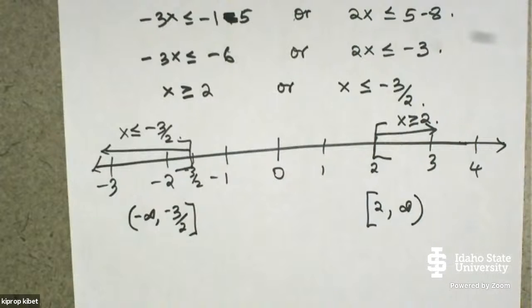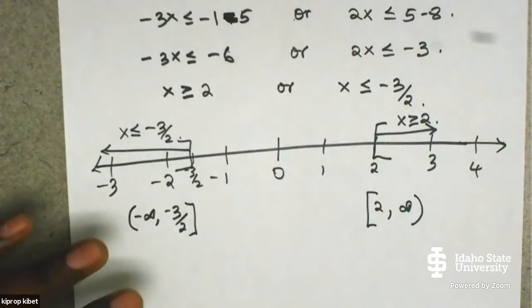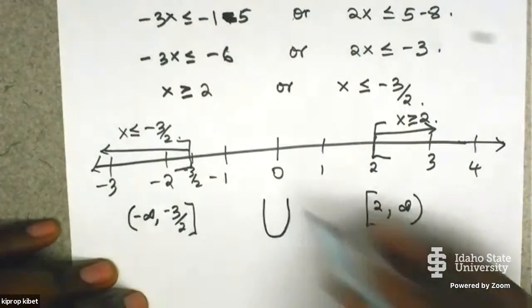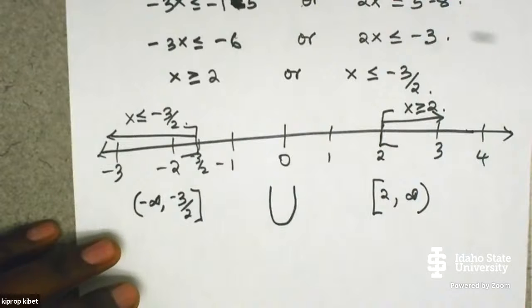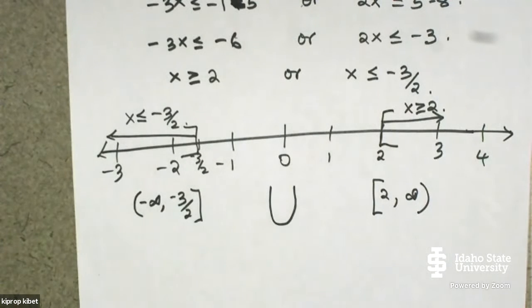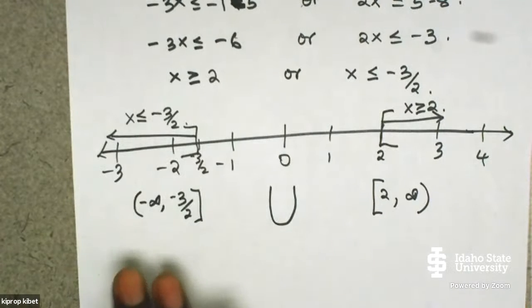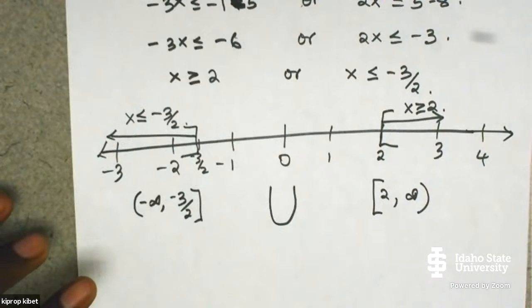So since this one is satisfying either, then this is connected. So we connect this one by that. So it's either satisfying this one or satisfying the other. So basically, this is now the interval notation.